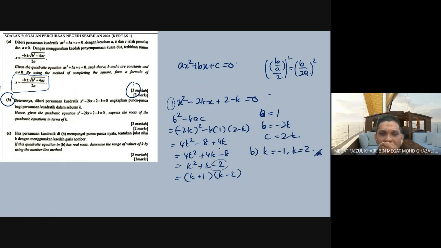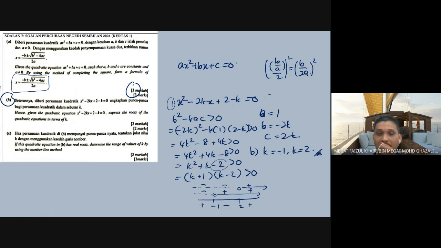Punca nyata means that b squared minus 4ac is greater than or equal to 0. So then you come up with the number line here, negative 1 and 2, and we get positive, negative, positive.